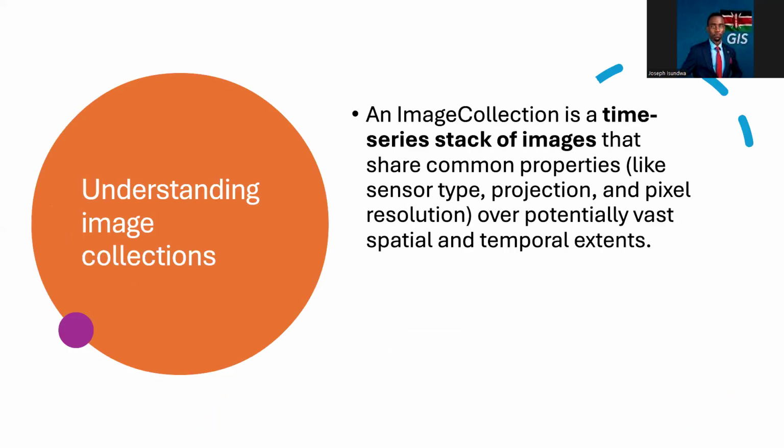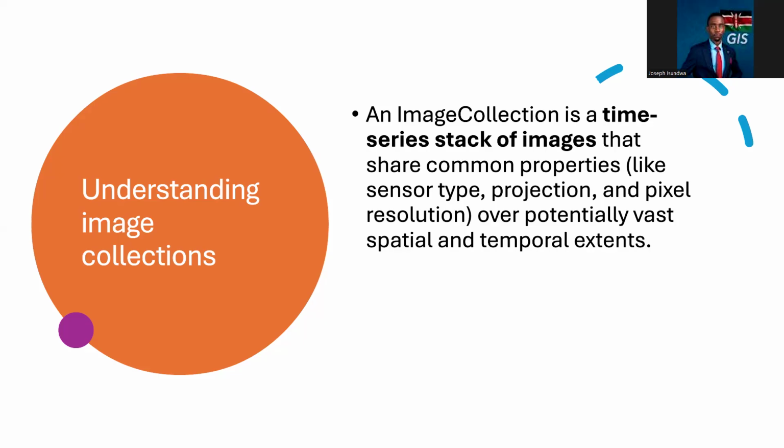So we go to understanding image collection. As we have said before, an image collection is just so many images that are coming together and we are working on them as they are together. So with an image collection, we can write a function to make changes on all these images at once, as compared to doing it on each and every image individually.